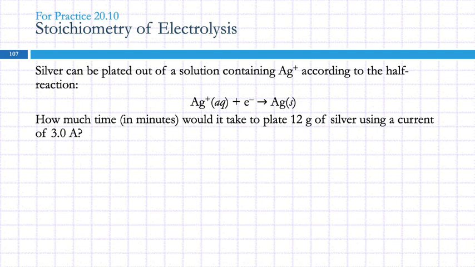You can look through the table of equations, and you're not going to find an equation that is just for this. You will find a couple of things that are going to be useful. You're going to find the Faraday constant. And you're going to find the definition of an amp.